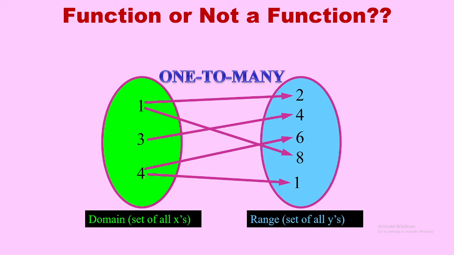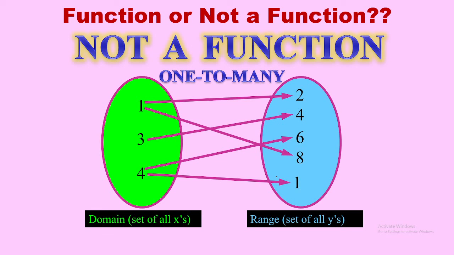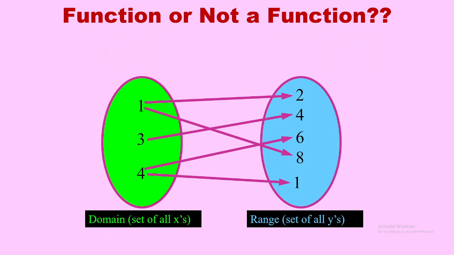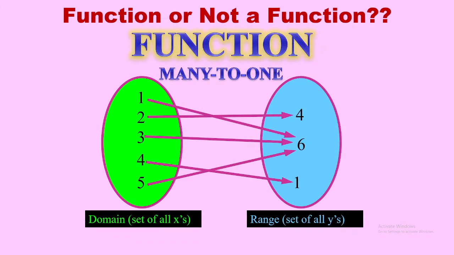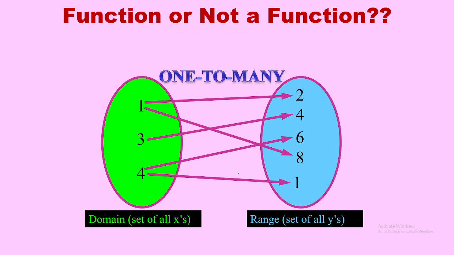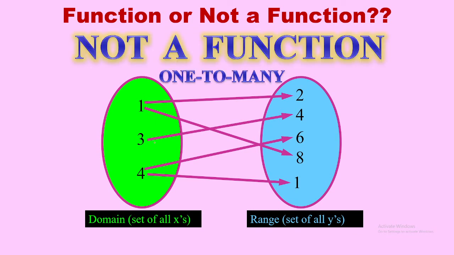The number 4 is paired with 2 values in the range. That's why this is not a function. Because a function must have exactly one partner in the range. Even if 1, 3, and 5 are each paired with one value, as long as 1 has only one partner, and 3 also has only one partner, it is a function. But in this example, the domain has two partners, so it cannot be a function.